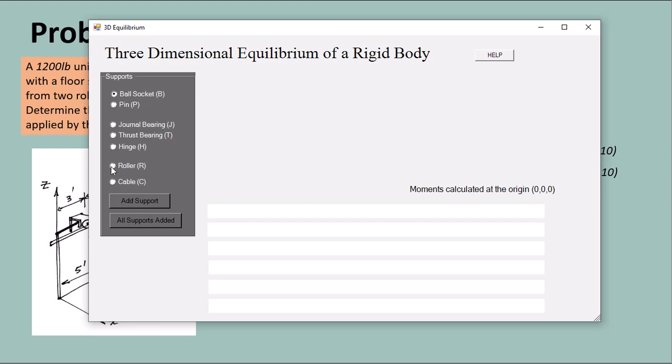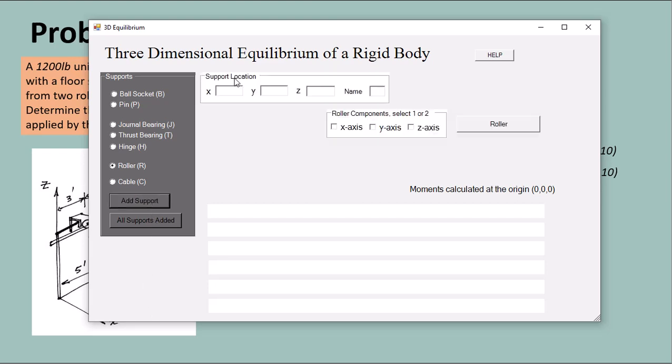First roller, add support, location. The name of the roller is A, and it applies two forces, one along x-axis, one along z-axis.